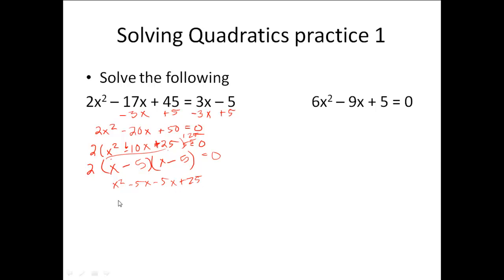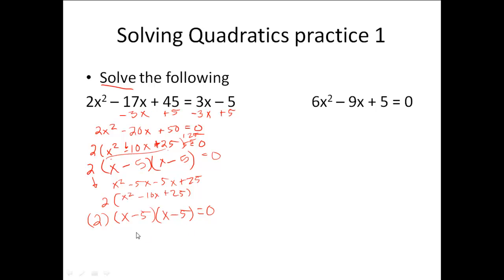And I do end up getting what I need when I simplify that down. I get x squared minus 10x plus 25, and I still have that 2 out in front. So I've gotten it factored right now, but the direction said to solve it. Since this is equal to 0, I've got several things going on here. I've got a 2, I've got an x minus 5, and I've got an x minus 5.